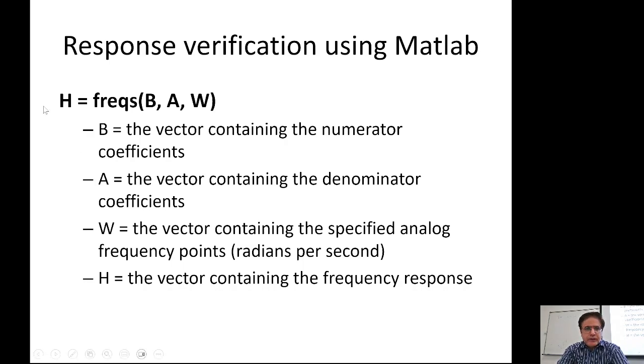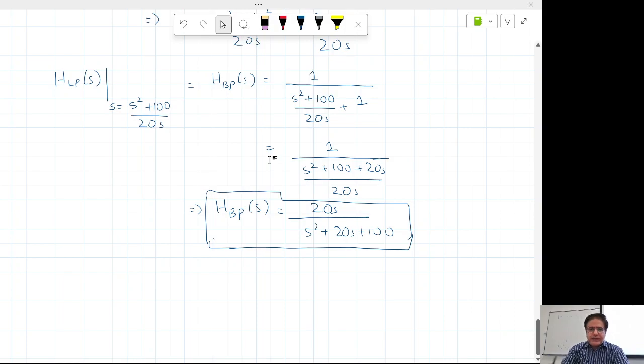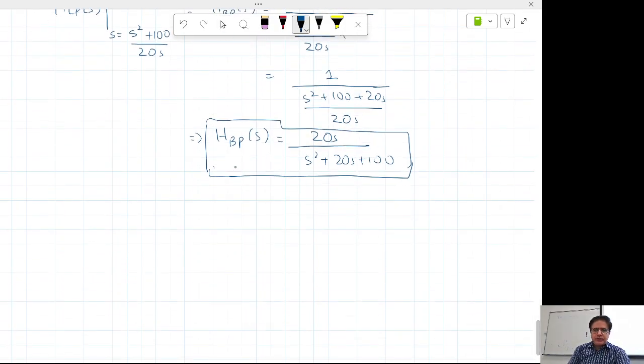Okay. By the way, when we talk about B and A, we're talking about the transfer function in the standard form, right? Like in the case of the Z transforms, we had B0 plus B1 Z to the power minus 1 and so on. Here you can just convert between positive and negative powers.